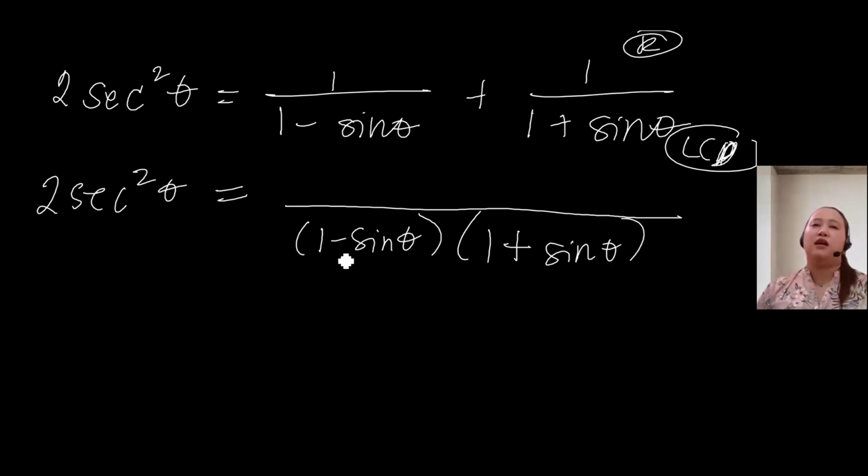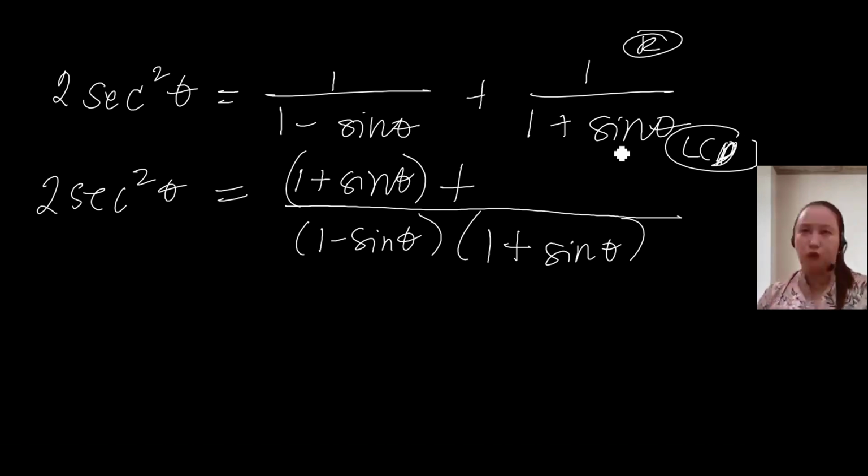Okay. So 1 minus sine theta times 1 plus sine theta times 1 divided by the denominator. So we have here 1 plus sine theta. Plus, okay, on the next term, LCD times the numerator 1 divided by 1 plus sine theta, which is the denominator of the said term. So we have 1 minus sine theta.